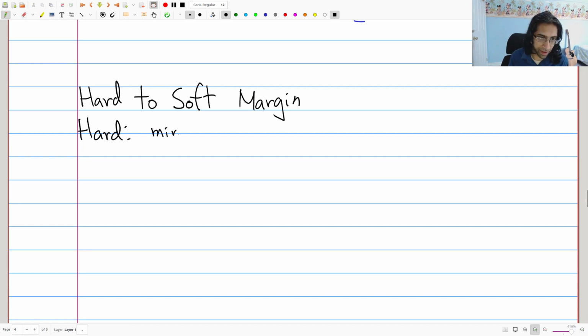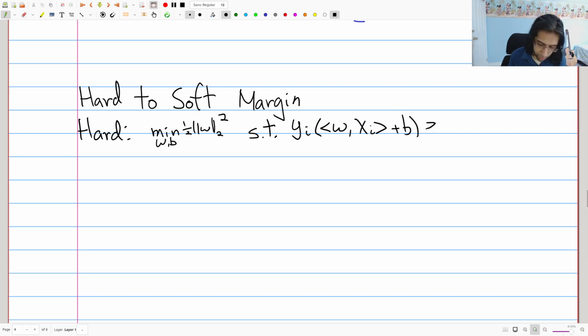So recalling, we have min over w, b of one half the norm of w squared, such that for all points, yi times (w transpose xi plus b) is greater than or equal to 1.